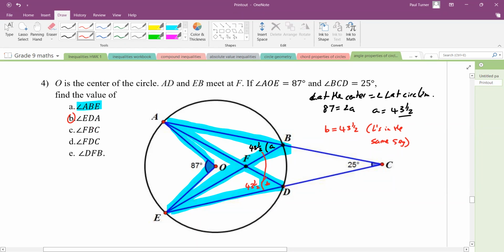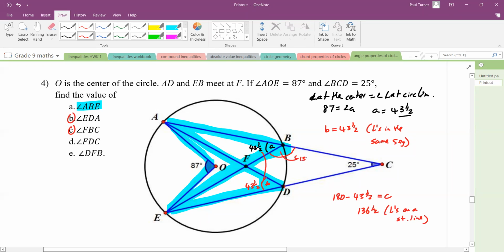So to get angle FBC, so FBC is this angle here, this will be angle C. So to get this angle, we just subtract from 180, don't we? So 180 minus 43.5 will be equal to C. And in that case, you'll get 136.5. So that would be angles on a straight line for this one here.